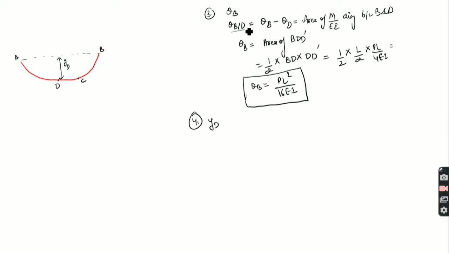Similarly, in the cantilever questions, when we were calculating yb, yb was the same as tba, so we used yb equal to tba from moment area theorem number 2. Now in this case we cannot use it directly. We cannot say that yd will be the same as tda, so we cannot calculate yd directly.